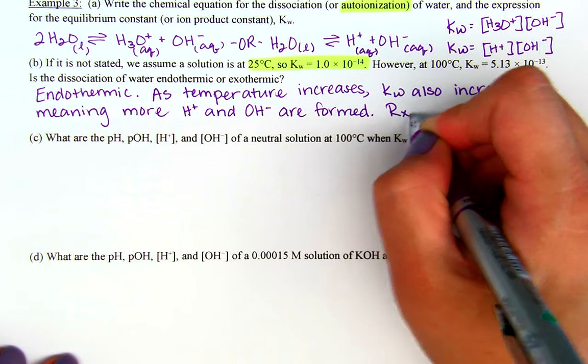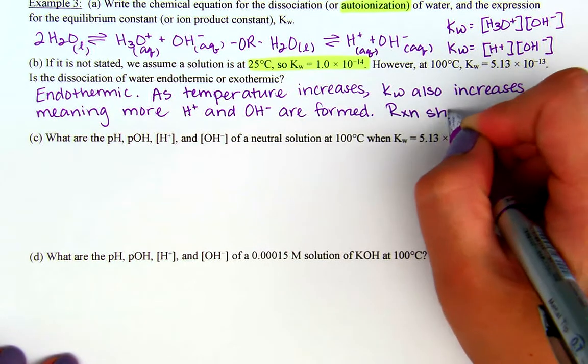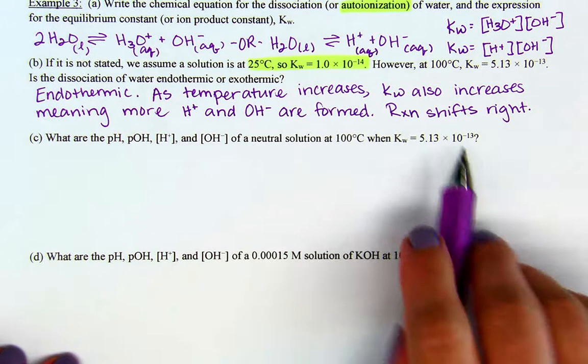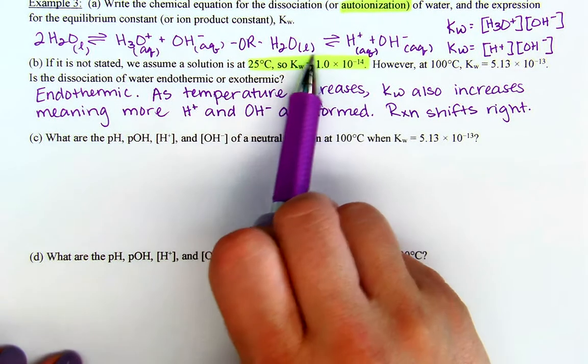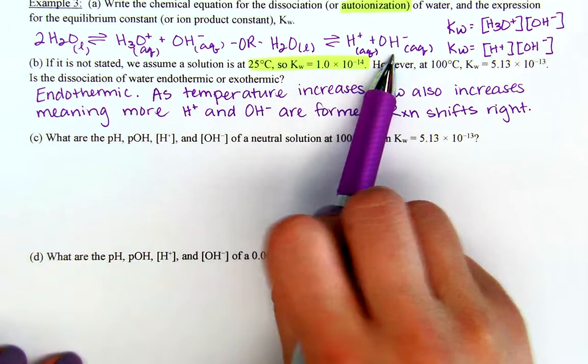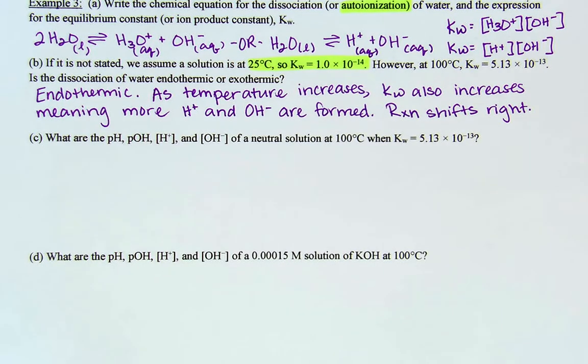So overall, the reaction shifts to the right. What I mean by reaction shifts to the right is that the reaction is going to go to the right, it's going to create more products, or it shifts to the right. You'll hear all those terms.